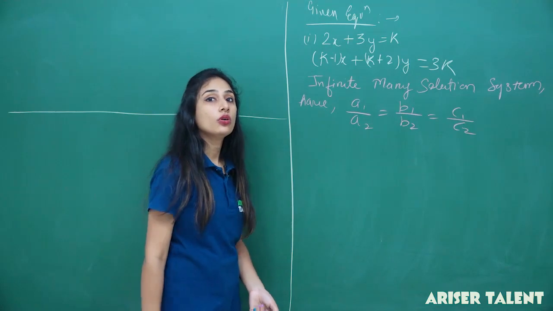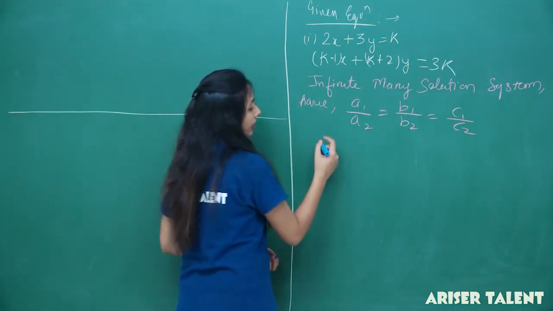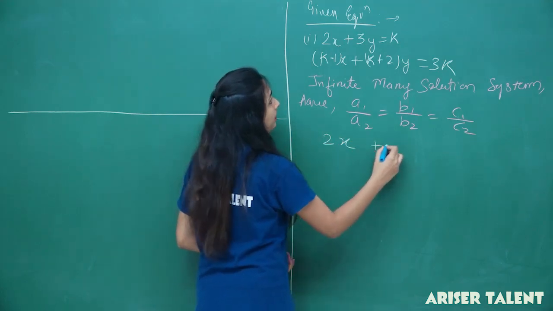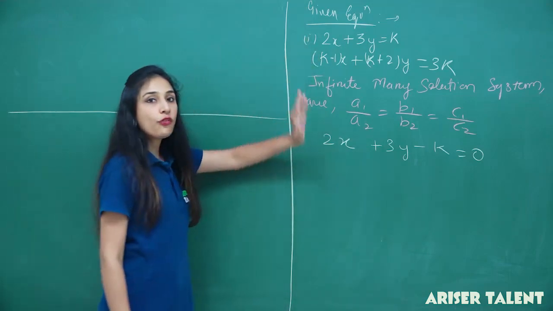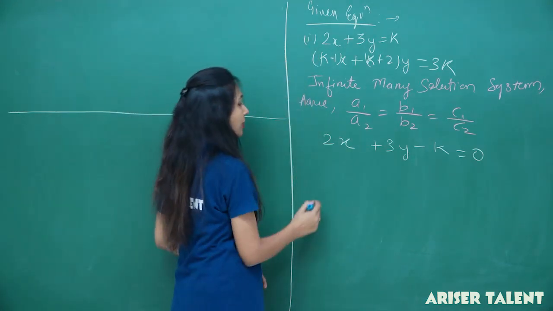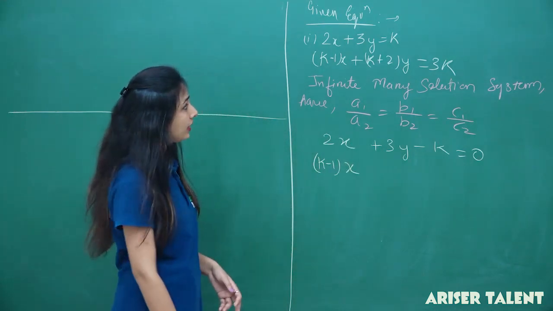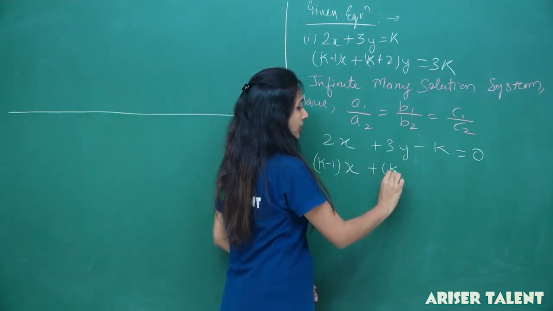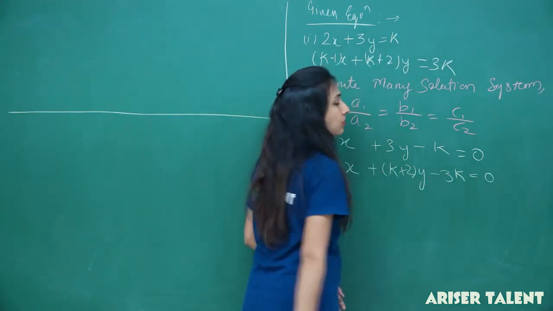Yes or no? Yes. Okay. So 2x plus 3y minus k equals 0. Transform the second equation too. Now this will be (k plus 1)x plus (k plus 2)y minus 3k equals 0.